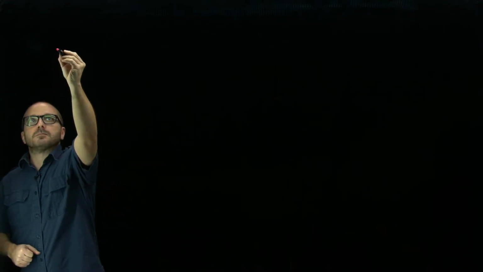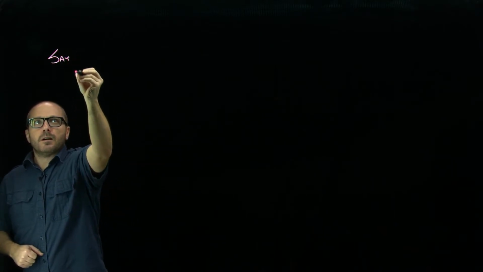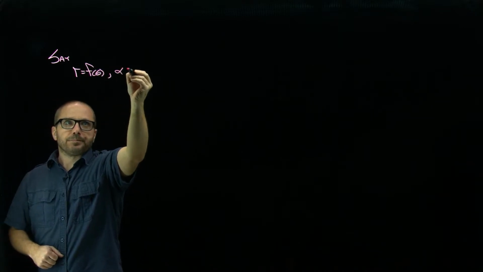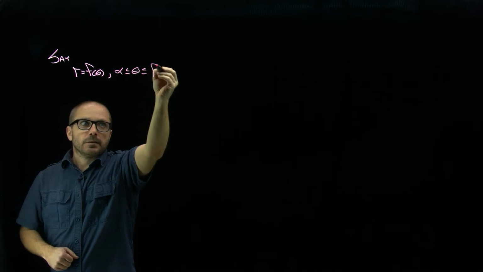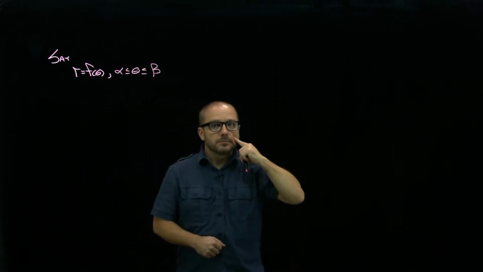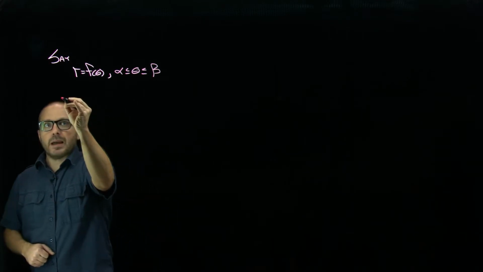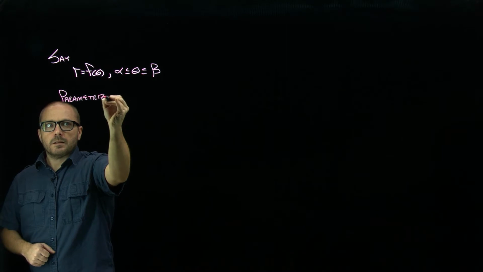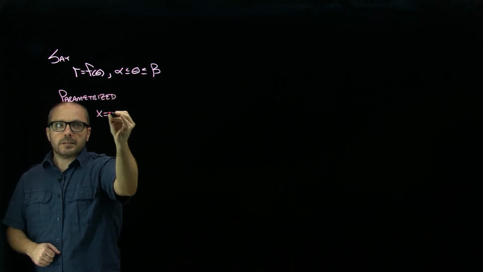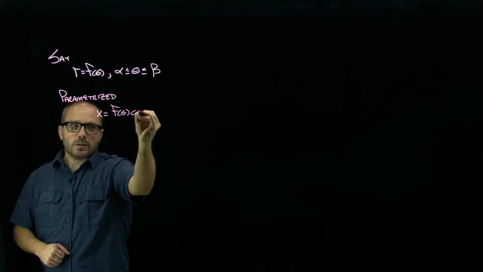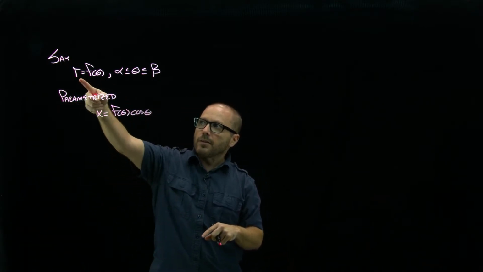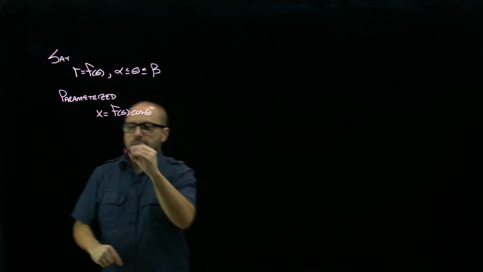So, say we have this curve, r equals f of theta, and theta is running from alpha to beta. So we've got some piece of our curve. So remember, parameterized, x is f of theta cosine theta, because in polar coordinates, remember, x is r cosine, but when you're on the curve, r is restricted to some function of theta.